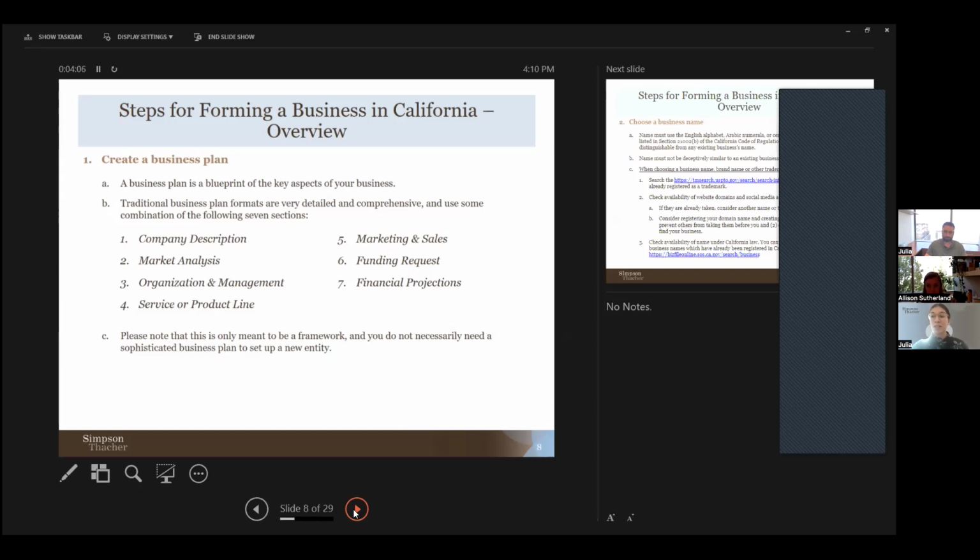And then, of course, financing. So that includes getting investors potentially, and then thinking long-term and making projections for your financial future.